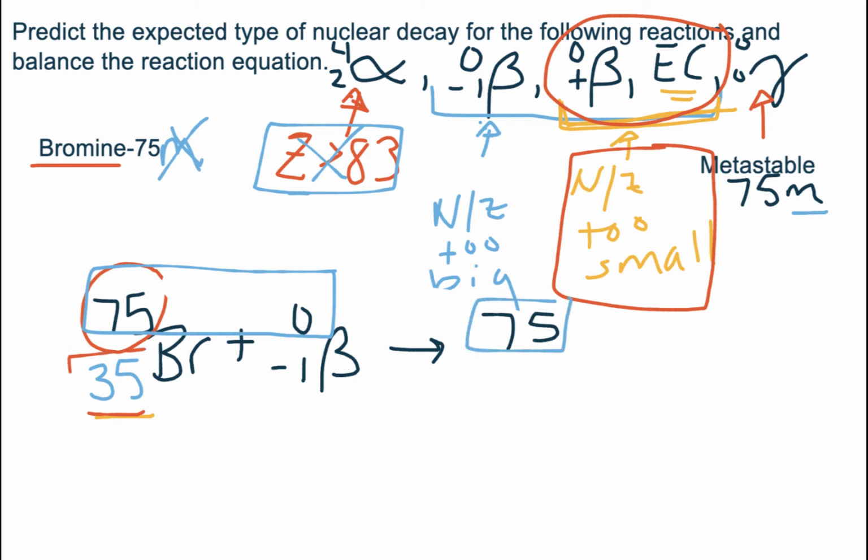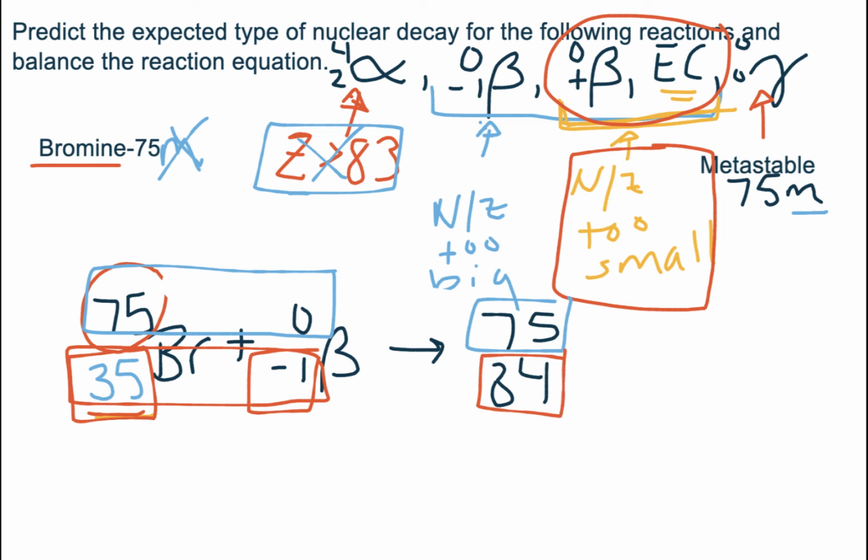On the bottom, we have a total mass of 35 minus 1, which is 34. Then you just go over to your periodic table and you see which element is number 34, and you'll find that it's selenium. A bromine atom, by capturing an electron from its innermost shell, could turn itself into a selenium atom.